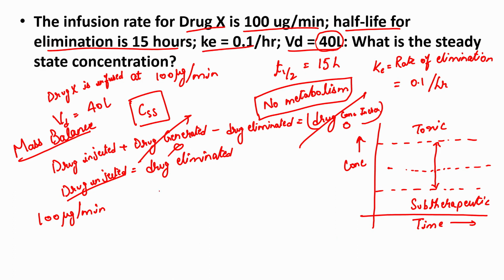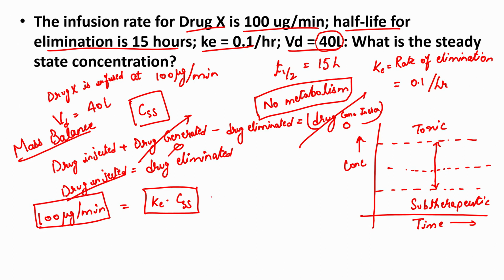Ke is the rate of elimination, so if I then equate it to the Ke multiplied by the concentration of the drug at that time. So let us say the CSS, because we are saying that is a steady state concentration, so that is not changing. So this should then equal, because this is the amount of drug that is getting eliminated per unit time, and this is the amount of drug that is getting injected per unit time.